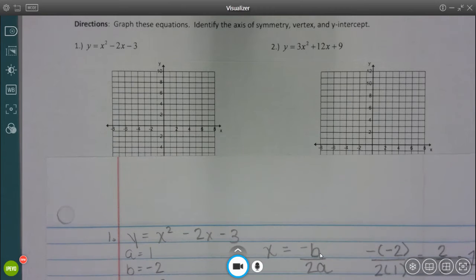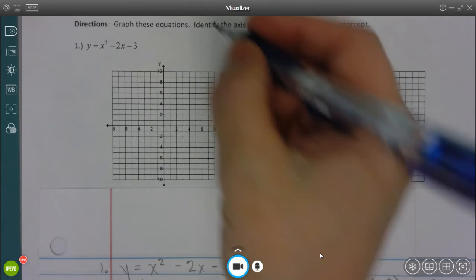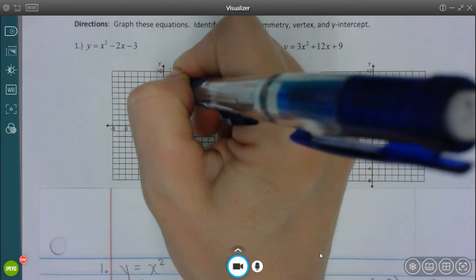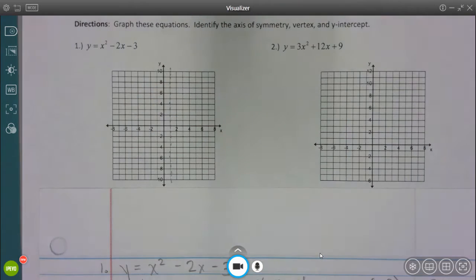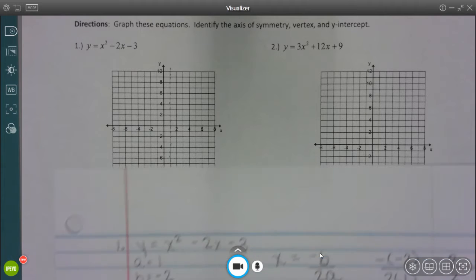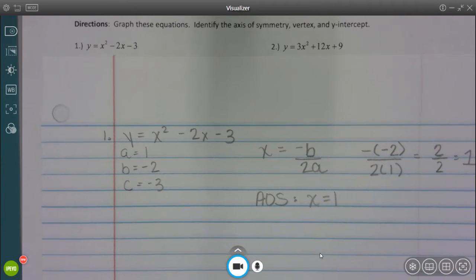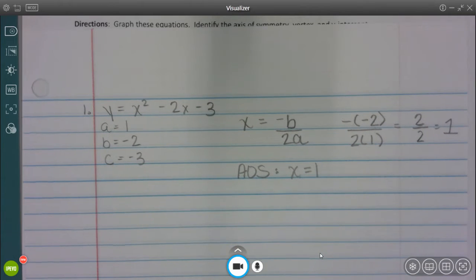So I'm going to come back to my graph, and I'm just going to make a dotted vertical line for the moment to remember that that's my axis of symmetry. Now, in order to find out where my vertex is going to be, I'm going to take that x value and substitute it into my original equation to find y.